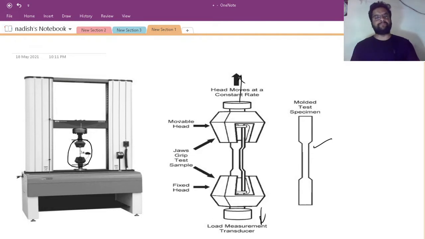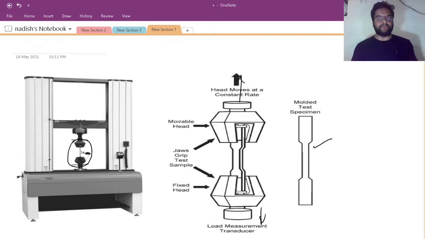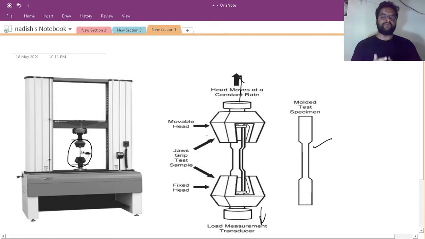So this is our universal testing machine. This machine tries to pull the specimen upward, and the specimen tries to create tension inside the specimen material, to know the amount of deformation and to reveal its proportion.